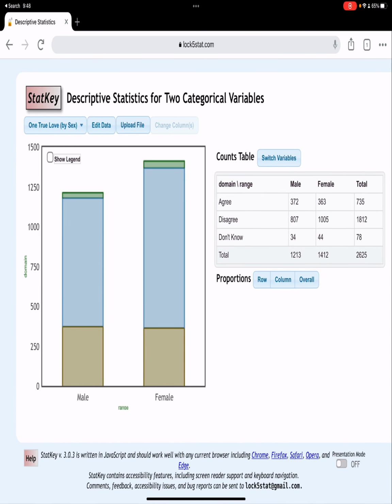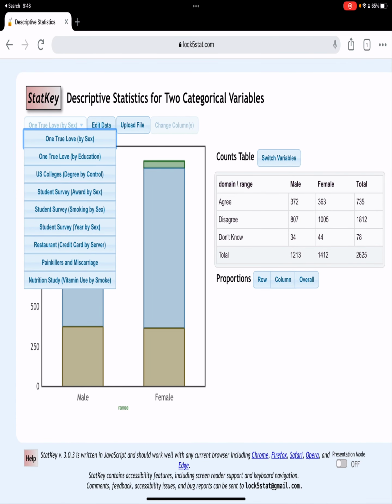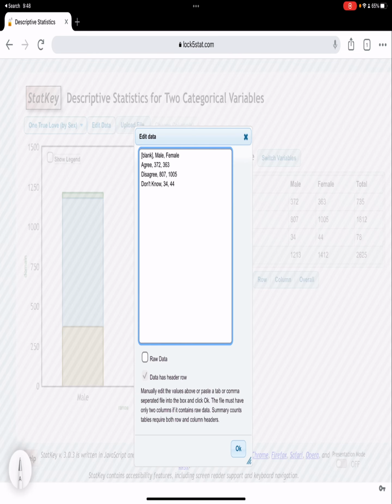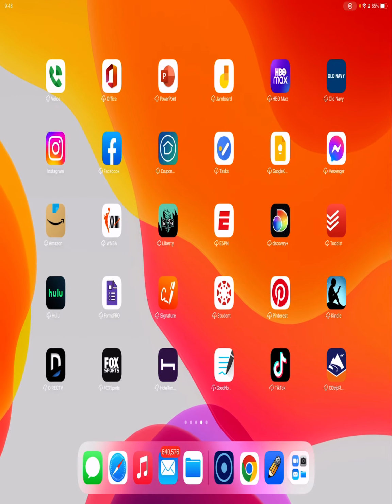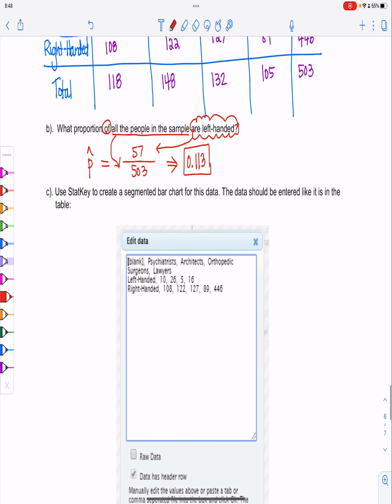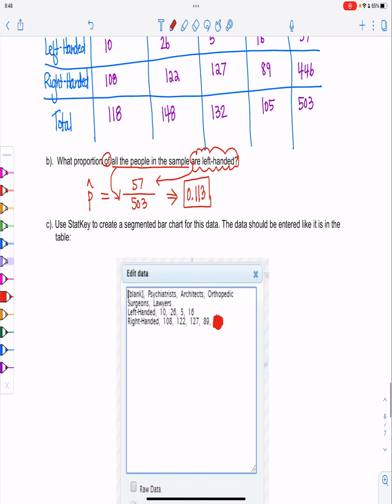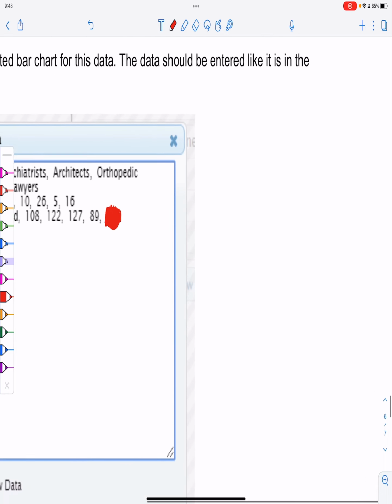Let me just double check that the occupation is not in there. So I have to edit data. And there is a mistake. Hold on. I've got a little mistake here. You do not want to put that row total for handedness there. That's my mistake. So cross that off. But the rest of this data you want to enter exactly as I have it in this diagram.